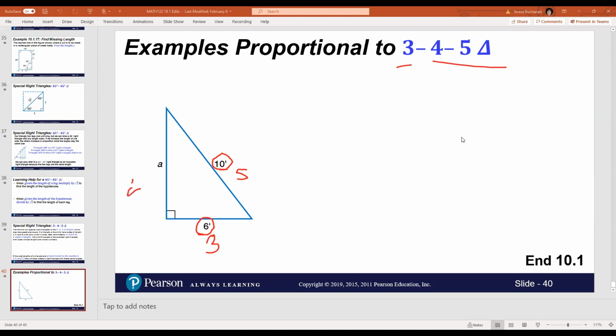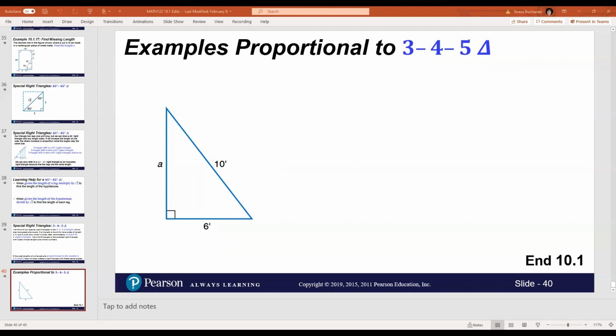This side in the 3, 4, 5 scheme would be a 4, but it's multiplied by 2 because that's where these came from. 6 and 10 came from those original values multiplied by 2, and so this side has to be 8 feet. So it's kind of cool. It's useful, the 3, 4, 5 idea. That is the end of 10.1.